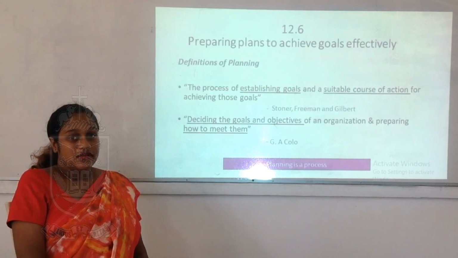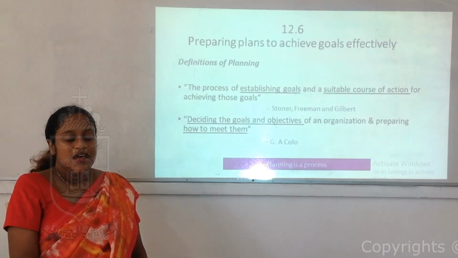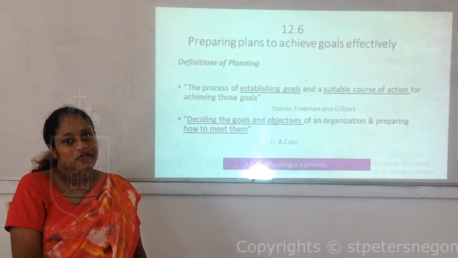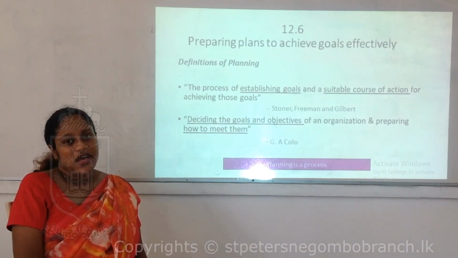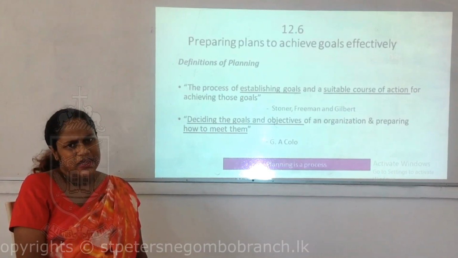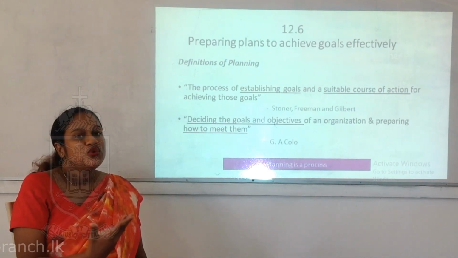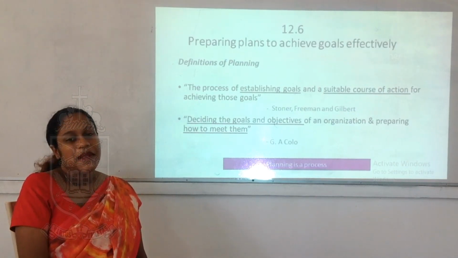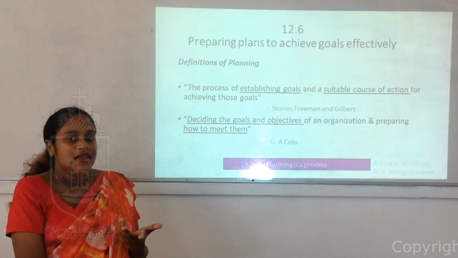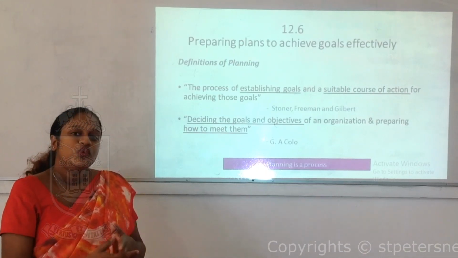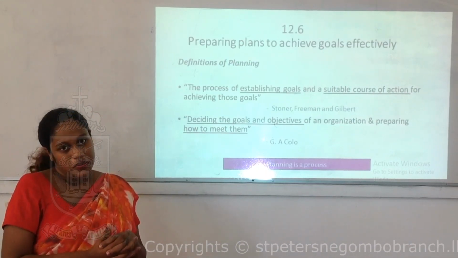Before going into details, if you remember, in our previous videos I briefly explained what planning is. I mentioned that there are two important factors in planning. Even in the definitions, there are two important things you have to remember.